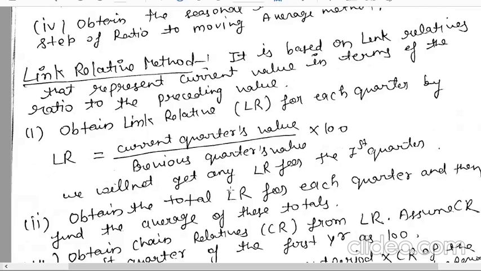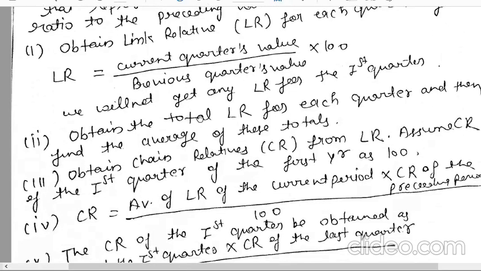We will not get any LR for the first quarter. So we need to know the current quarter's value and the previous quarter's value and multiply by 100. Second, obtain the total LR for each quarter and then find the average of these totals.